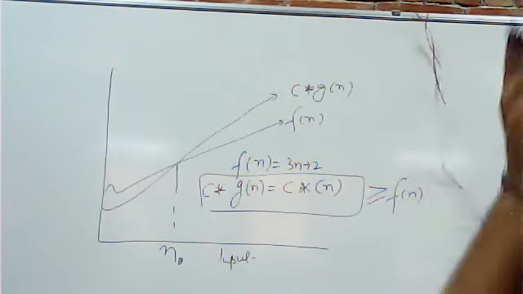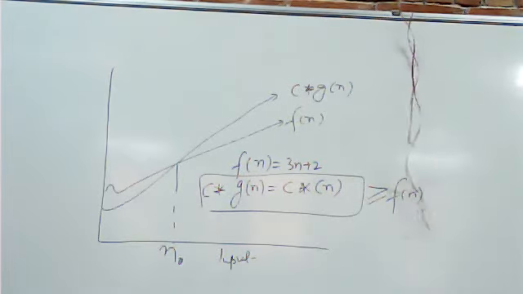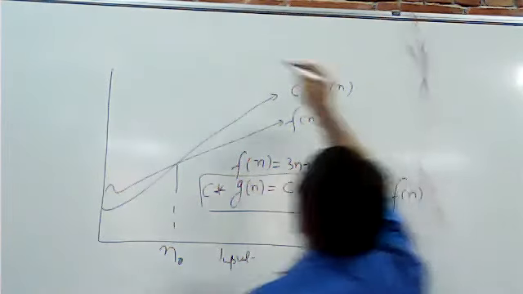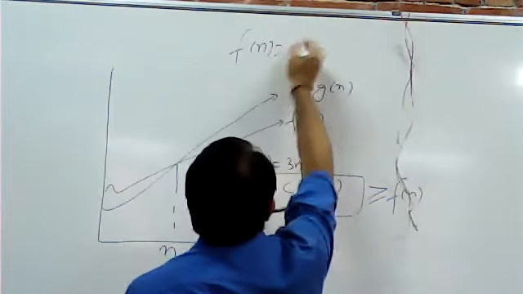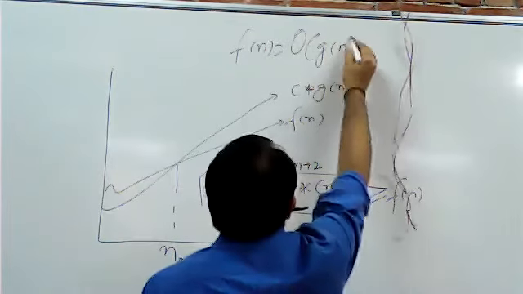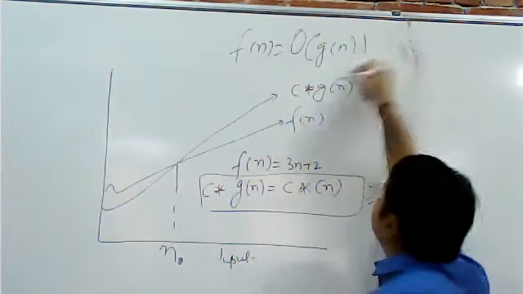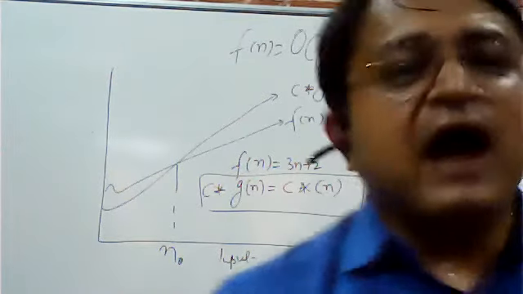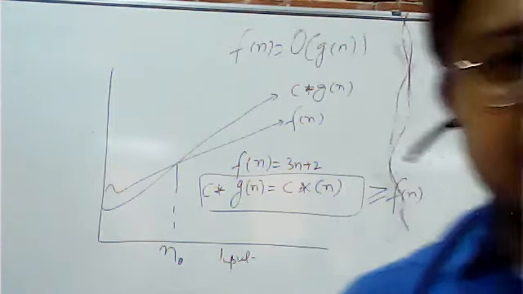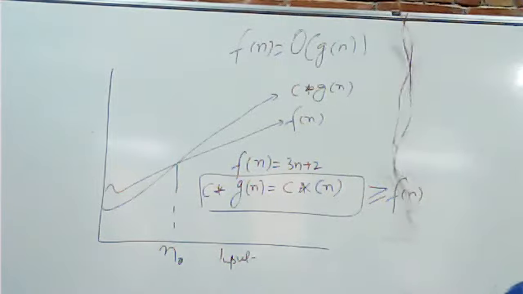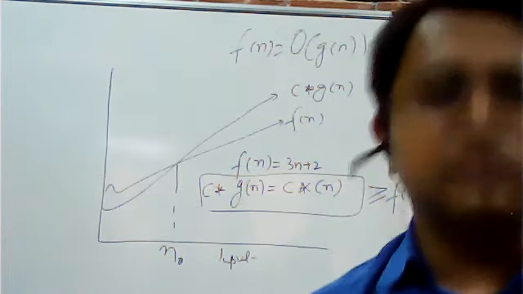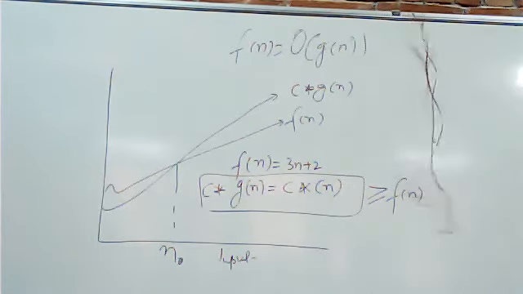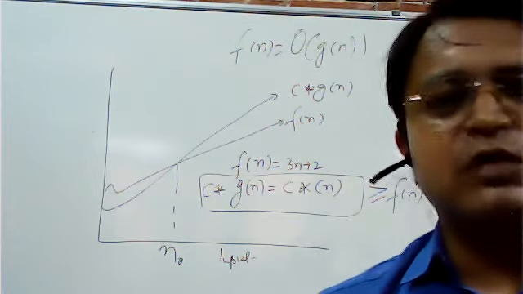Starting from input size 4 up to any input size, Gn is always greater. Then we say that Fn is order of Gn, or Gn is providing an upper bound to Fn. So you can write down this statement: Big O notation provides an upper bound to the algorithm.